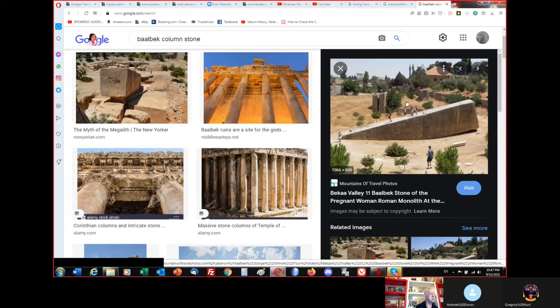So with that kind of technology, you would have to do something about gravity in order to move the stone. At any rate, that's Baalbek. I don't think anybody knows exactly when Baalbek was created or what it was for. Just one of life's mysteries, right?